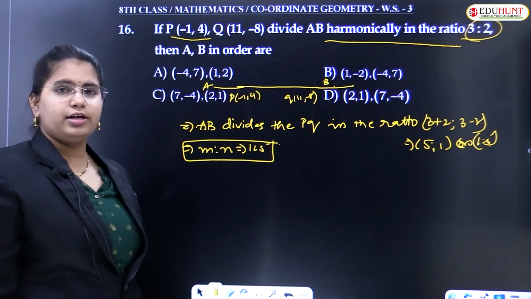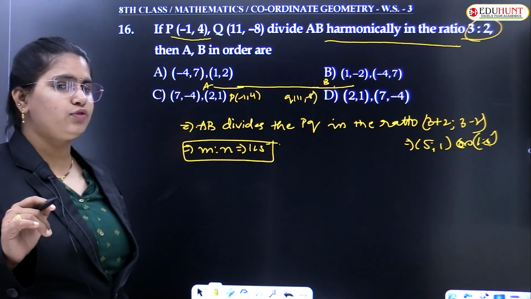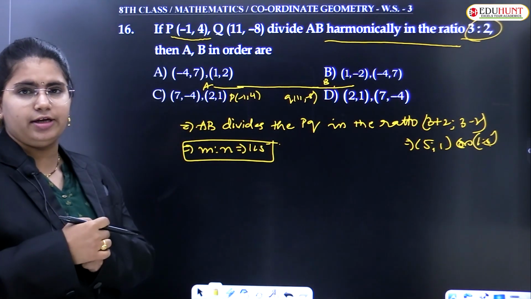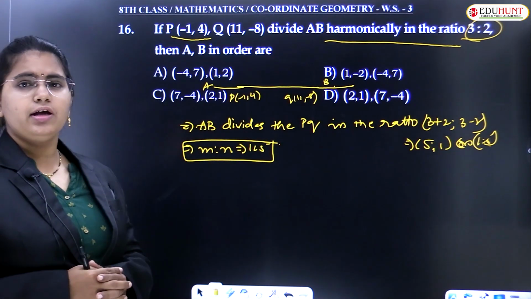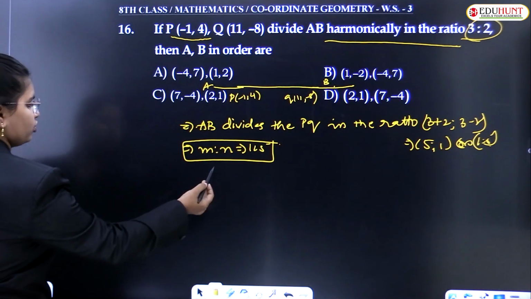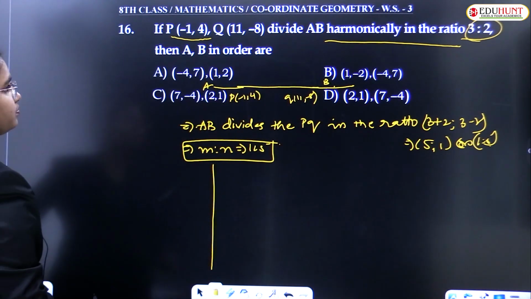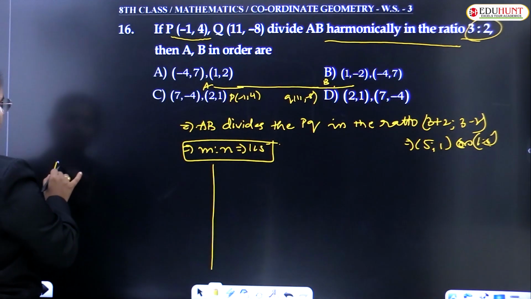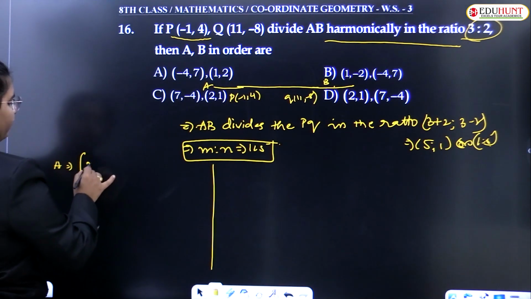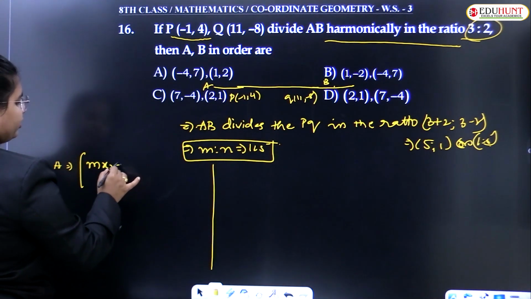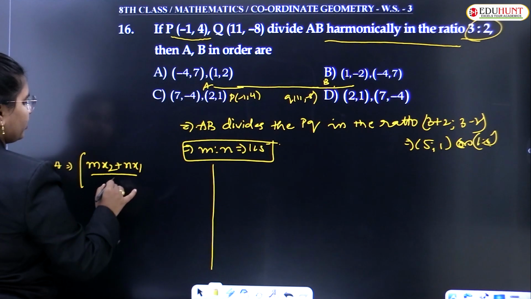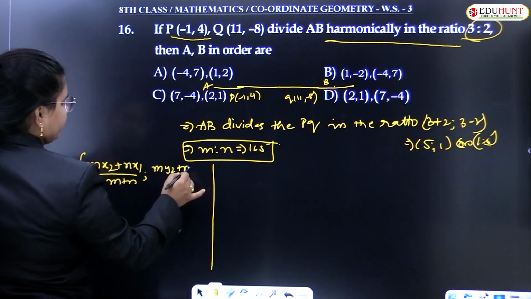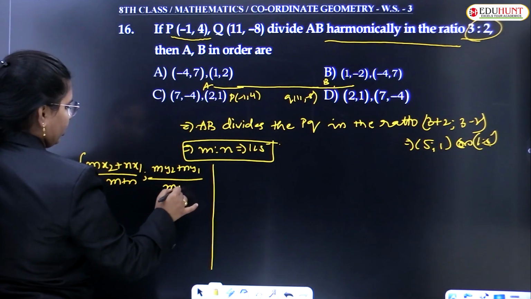As I just told you, one point is divided internally and the other is divided externally. So let's find out those points, A and B. First we apply the internal formula: (mx2 + nx1)/(m + n), similarly (my2 + ny1)/(m + n).